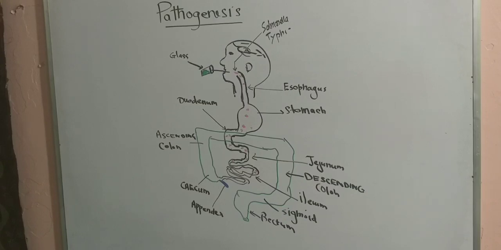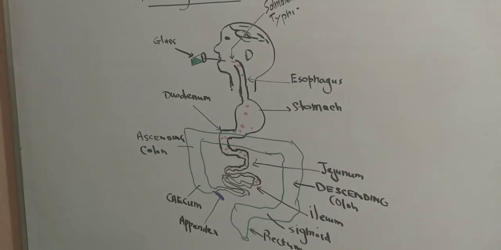Now let's briefly talk about the pathogenesis of enteric fever, how a patient catches it, and what is the process through which the organisms attack the body of the person. Take the example of this person who is drinking contaminated water.